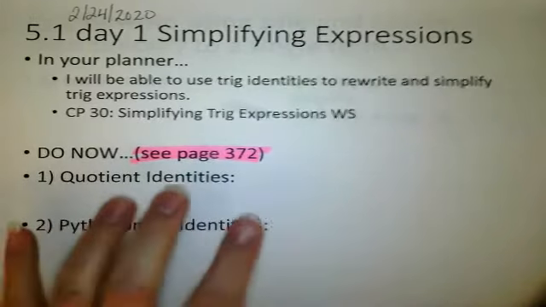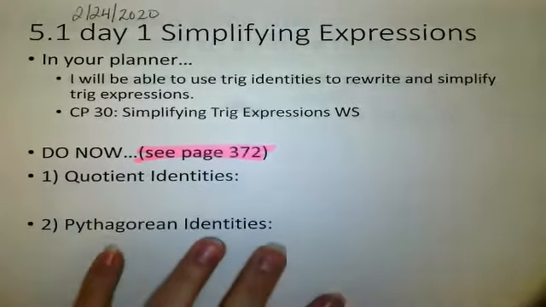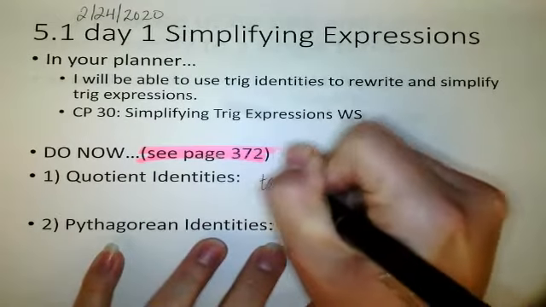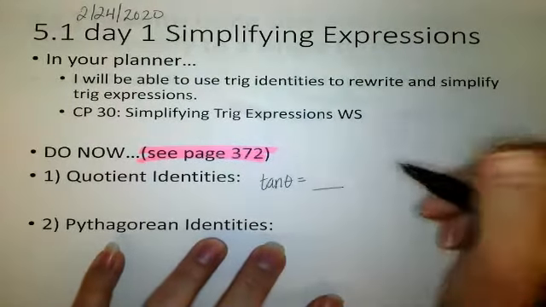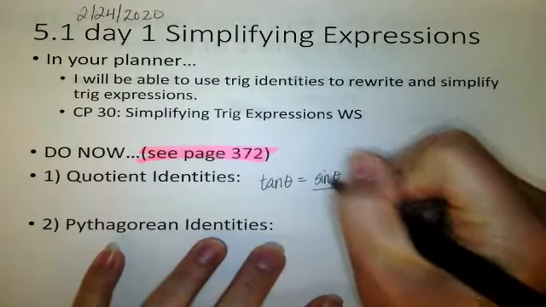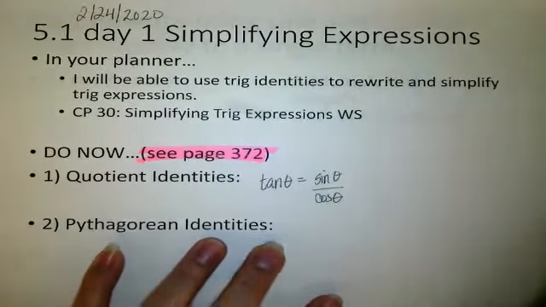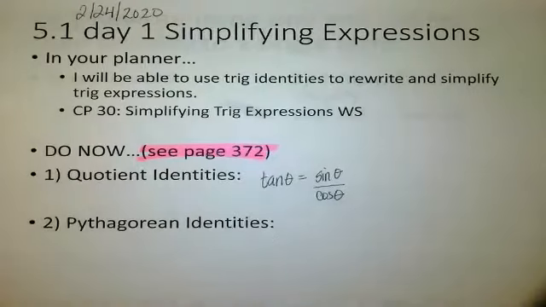The first thing is the quotient identities, which hopefully you know. Tangent of some angle is equal to what over what? Sine of theta over cosine theta. Very good. Tangent theta is equal to sine theta over cosine theta.